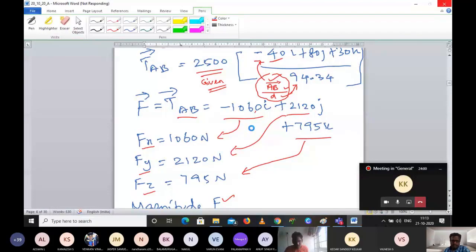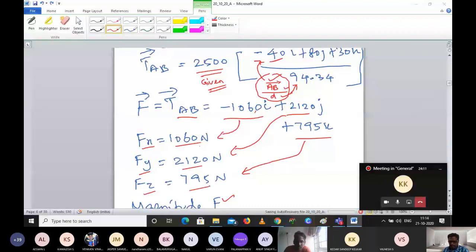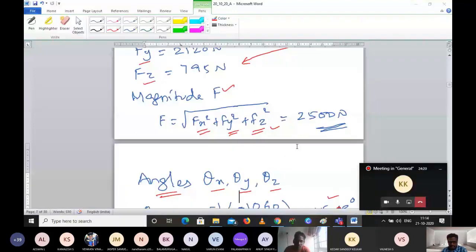I have taken only Fx, Fy and Fz because these are related to the magnitude. Then I calculated the magnitude of this force as root of Fx squared plus Fy squared plus Fz squared, and checked whether whatever I calculated is correct. I got the same.